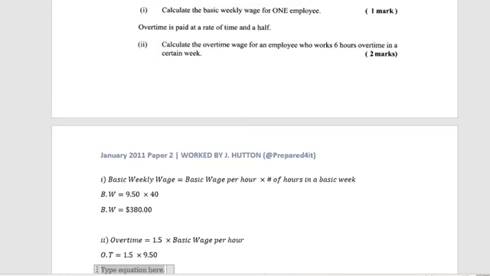And that means my overtime rate will be equal to $14.25, which is just finding a half of $9.50, which is the basic wage per hour, and you add that half amount to the basic wage per hour, and you will get the same $14.25. I just go ahead by saying multiply 1.5, which is time and a half, by the basic wage per hour, and you get the overtime amount.